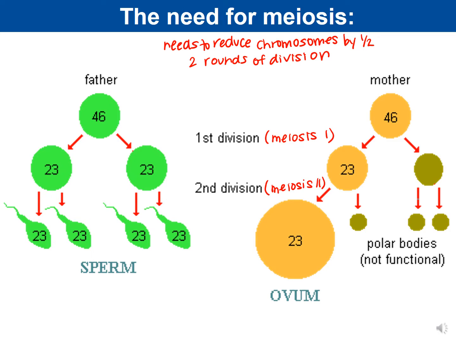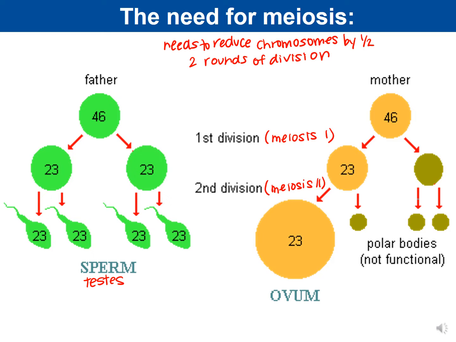And so notice that if you look at spermatogenesis, which is the formation of the sperm, so here is the father, and that's going to occur in the testes. So in the testes of a male, that one cell is going to undergo meiosis. And during meiosis 1, it's going to reduce chromosome number in half. So you end up with 2 daughter cells, and those 2 cells have 23 chromosomes. But after meiosis 1, they're not yet complete. And we are going to talk about why in just a minute.